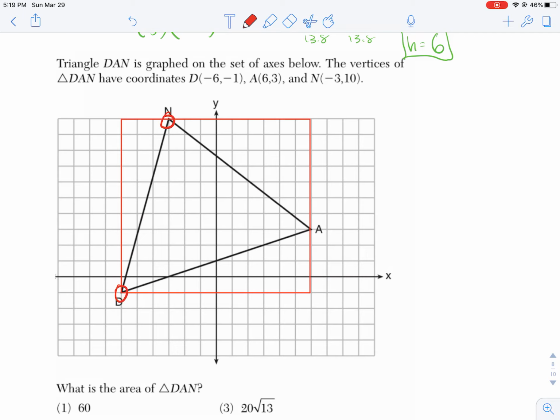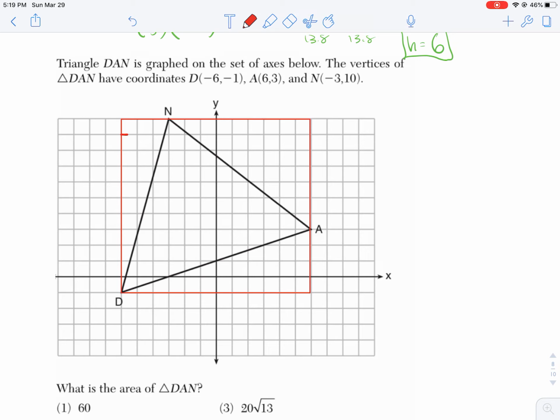And then I saw how they solve it, and this is so much easier. Okay, so what I did was I enclosed this triangle. Now, as you can see, all 3 of our vertices fall on the edge of this rectangle. Okay, so this is as tight to this triangle as I can get without going over the vertices. All right, so our vertices are all touching this rectangle at some point.